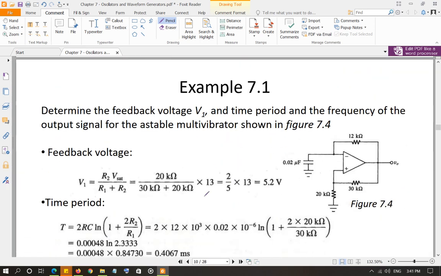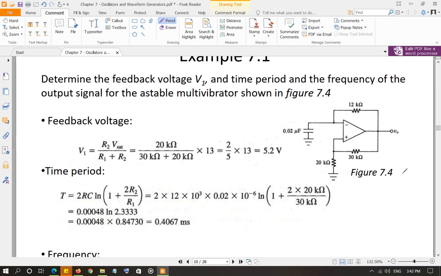So let's look at example 1. This circuit is given to you. It's an example from your book actually. V1 is called the feedback voltage. I think I did not mention it, but it is called feedback voltage. So it is asking what the feedback voltage is corresponding to this circuit, and the saturation voltage is given to you as 13 volt.